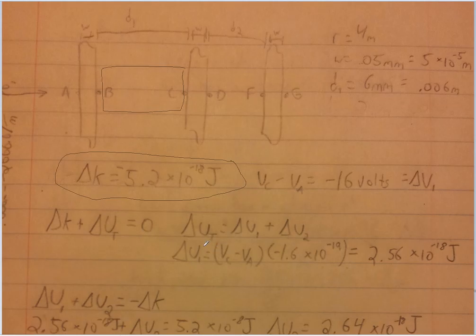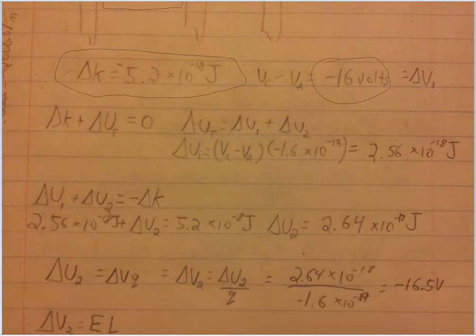And the potential energy of the first area is simply the potential difference of the first area, which is negative 16 volts, times the charge that passes through it. Since it's an electron, we know the charge, which is negative 1.6 times 10 to the negative 19th. And this is equal to 2.56 times 10 to the negative 18.